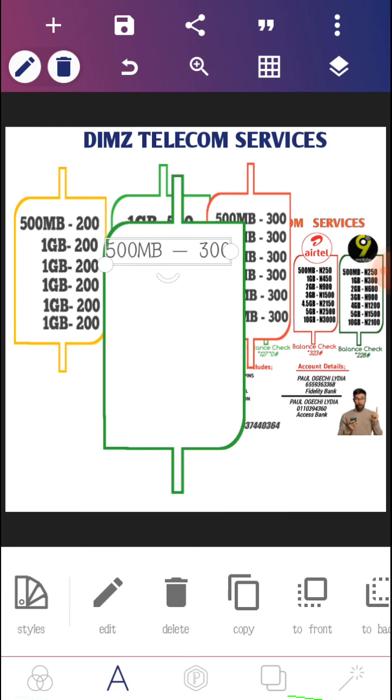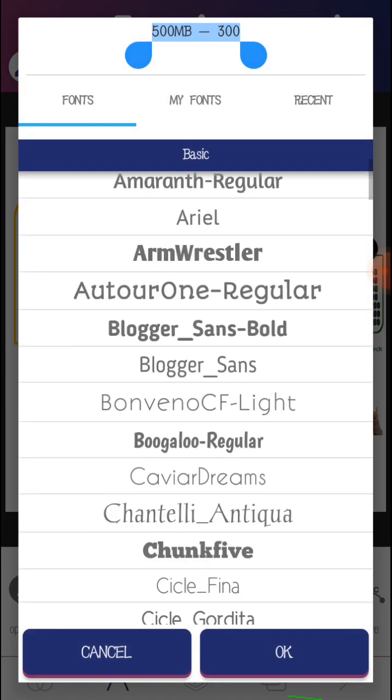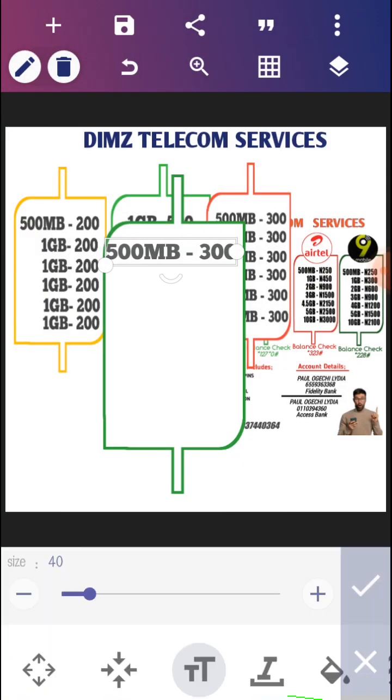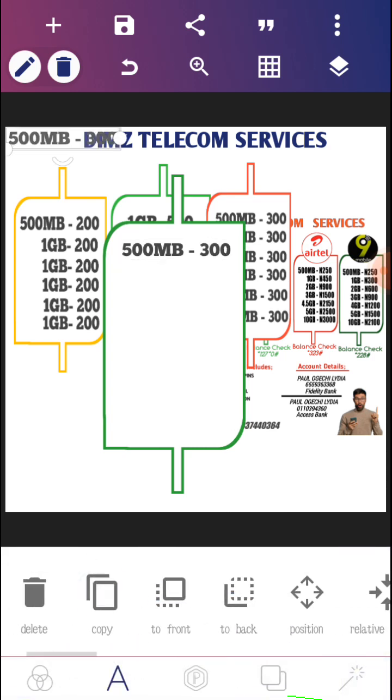We come here, we reduce, we go to our font, Chalk 5. Good. We reduce the size. We move it to the center. Good. Then you copy, like always.